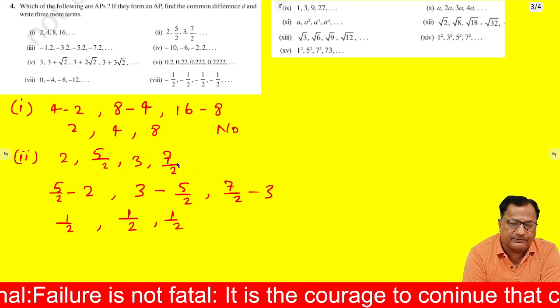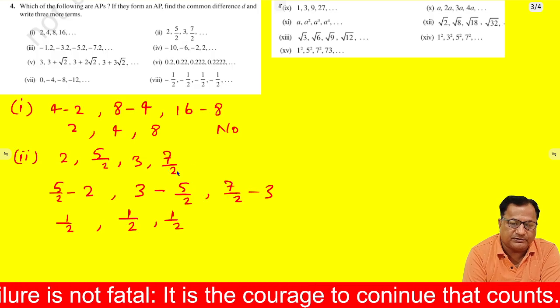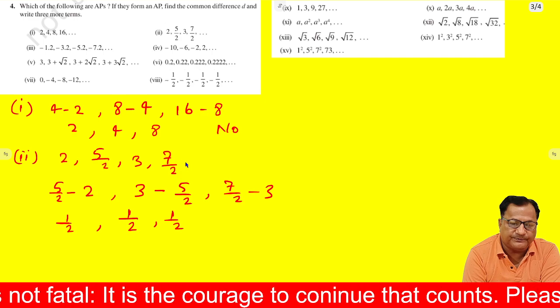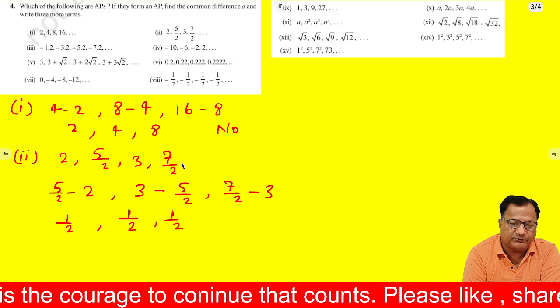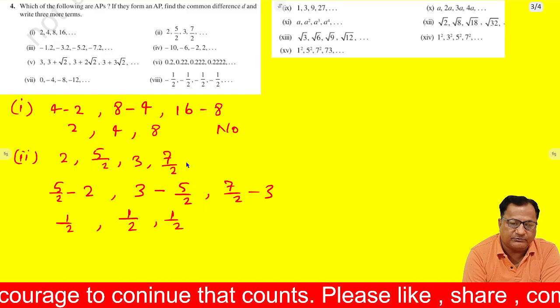If we add 1 by 2 here, this will be 7 by 2 plus 1 by 2, 8 by 2, which means 4.